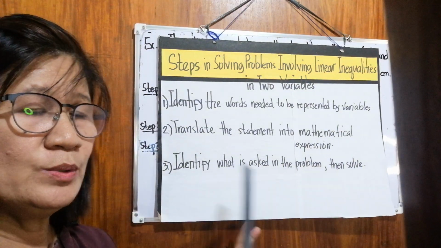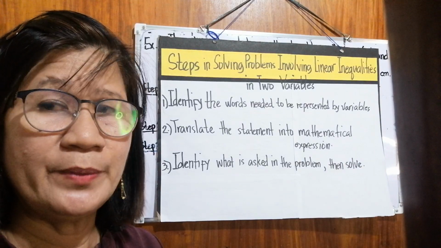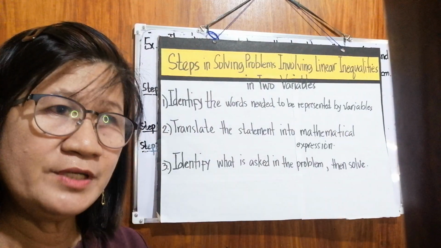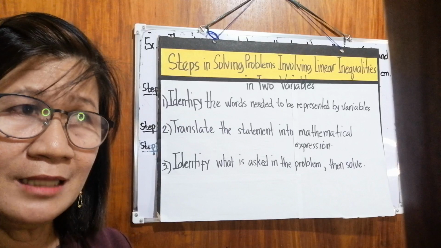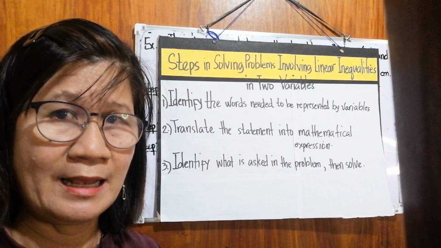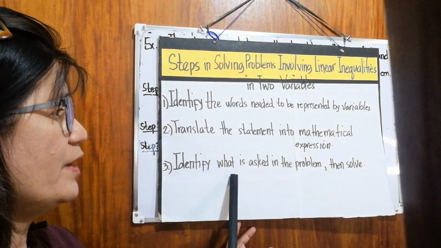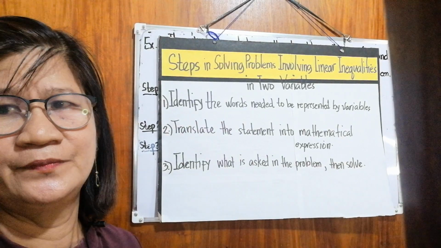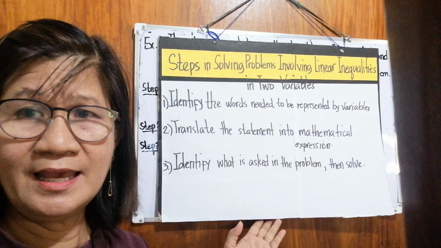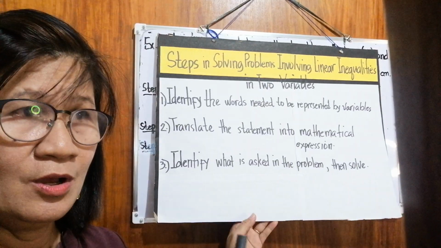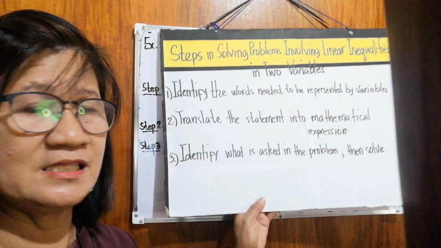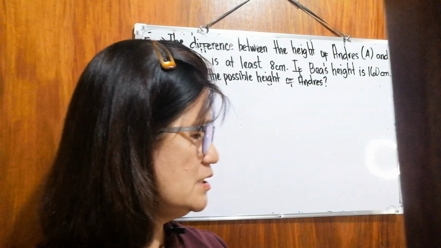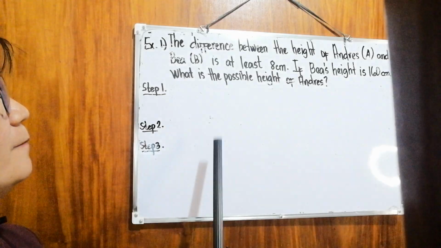Okay? Usually, dapat alam din natin kung ano-ano yung mga given. Then after that, identify, alamin natin kung ano talaga yung hinahanap. No? Identify what is asked in the problem, then solve. Okay? So, para mas maintindihan natin ito yung mga steps na to, sasabayan natin ng example. Okay? So, this is our first example.